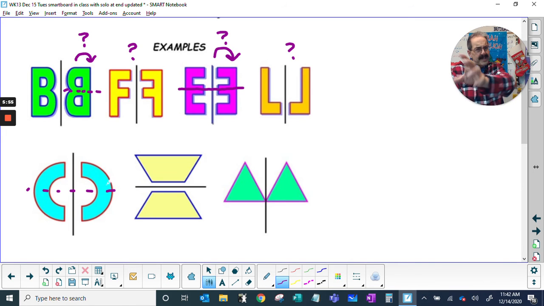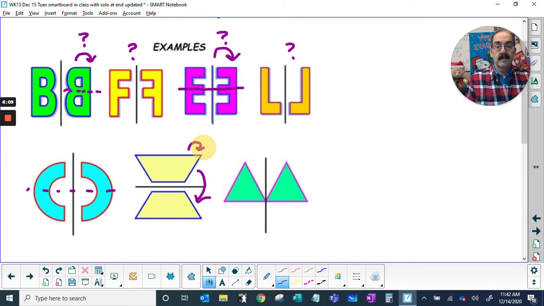What does it mean to be symmetrical? And what does it mean to get it back onto itself? Reflective. Not spin, but we could reflect.